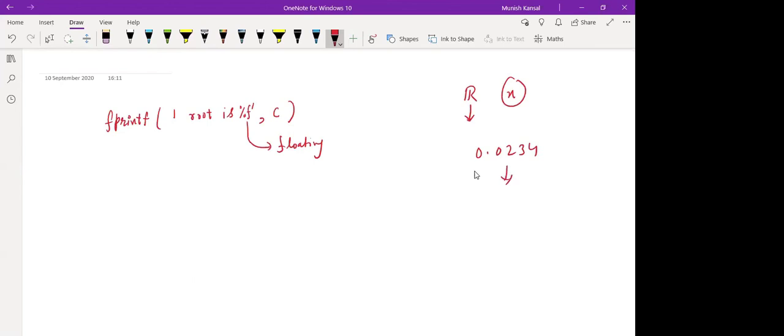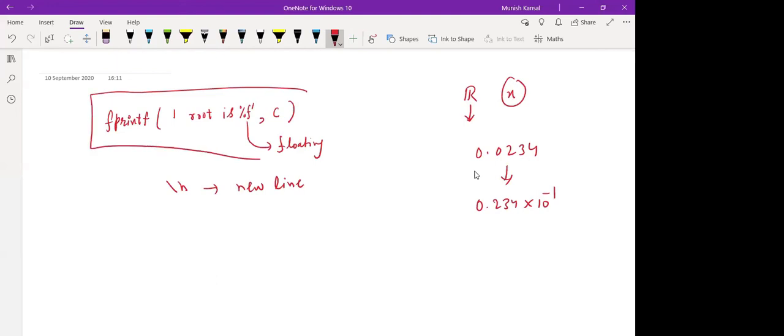The floating point representation becomes 0.234 into 10 to the power, say, -1, right? So this is used for floating point representations, and sometimes we make use of \n. This is for going to the new line. So there are various options available in fprintf command. So this is the basic one we use in each and every code.